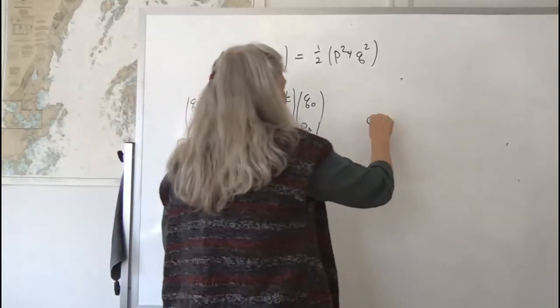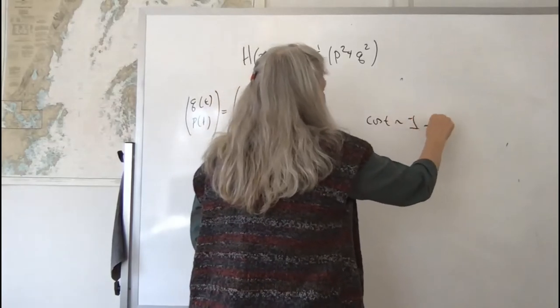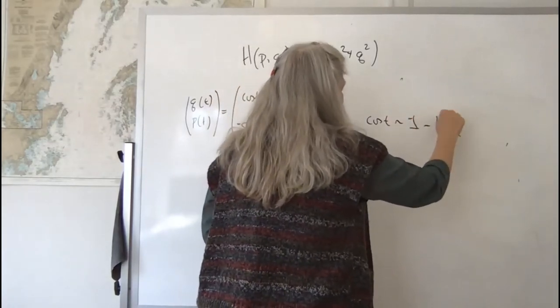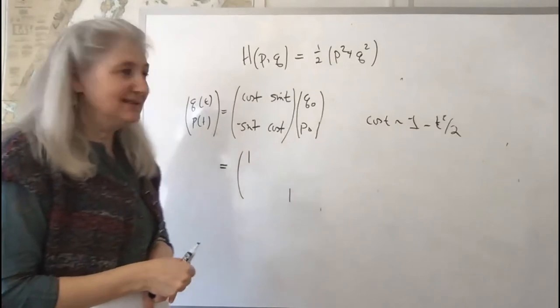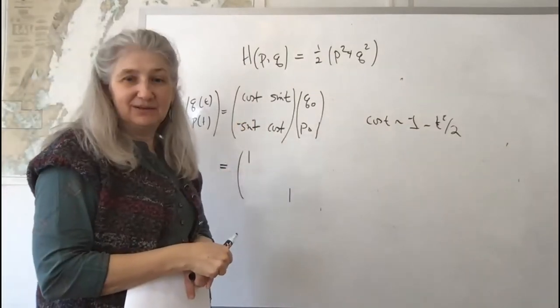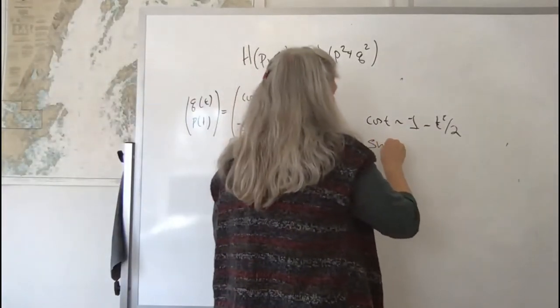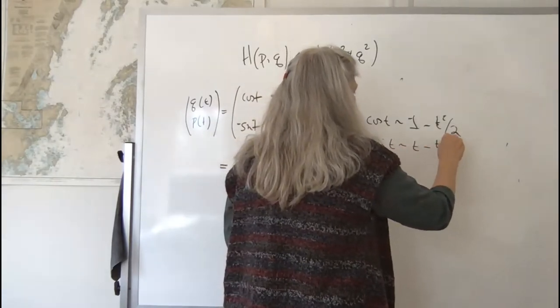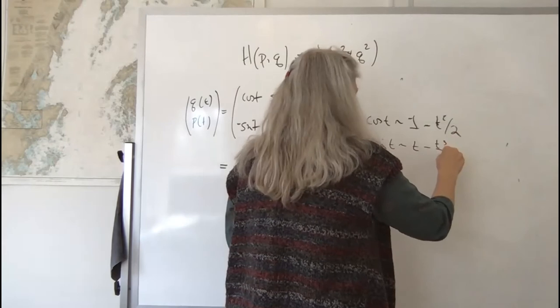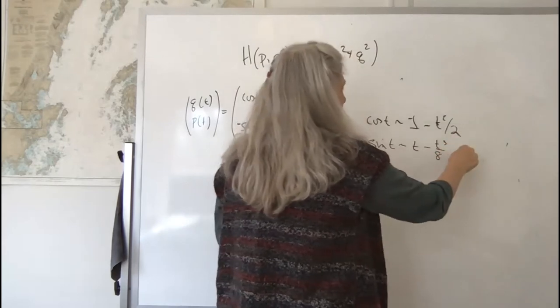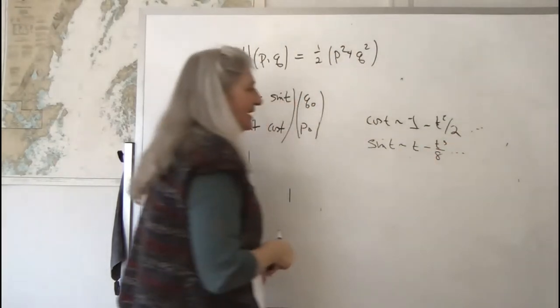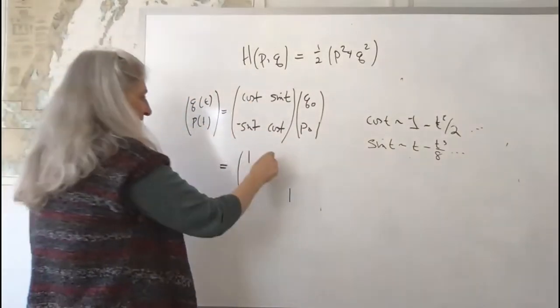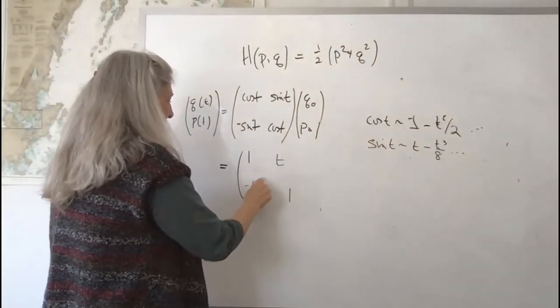Actually, cosine of t is 1 minus t squared over 2 to second order in t. That's just the Taylor expansion of cosine t. And sine t is t plus or minus t cubed over something, etc. So to first order, sine t is t.